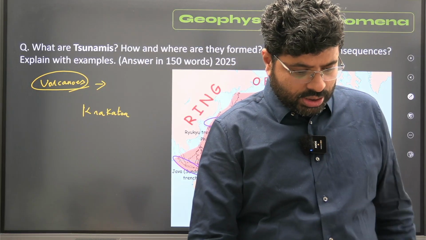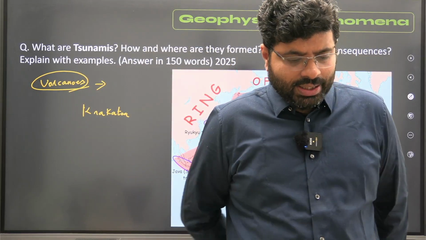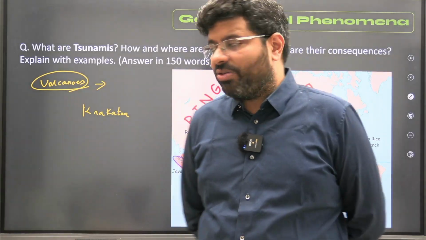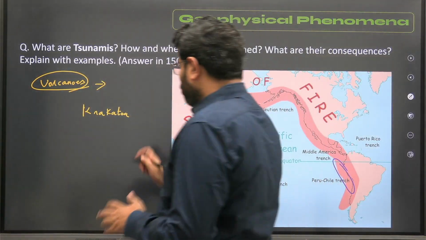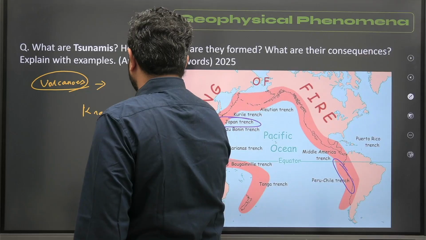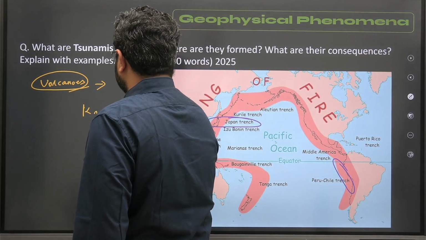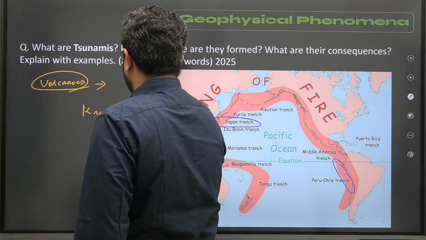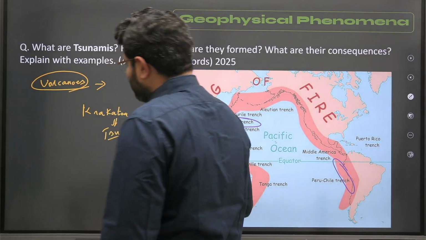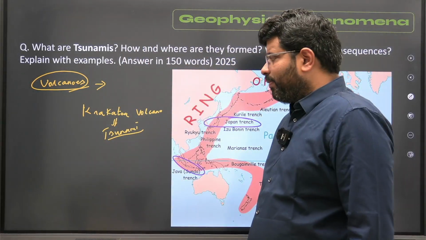So volcanic eruptions can lead to displacement of large volumes of water. Krakatoa volcano in 2018 led to a tsunami in Indonesia. So you can talk about such examples, right?